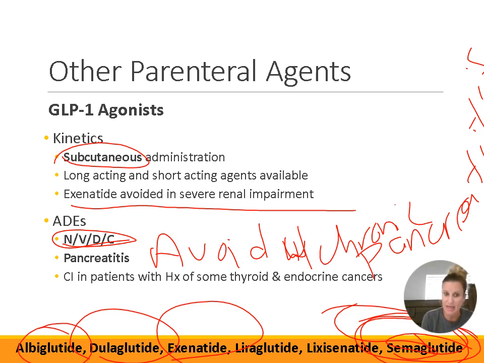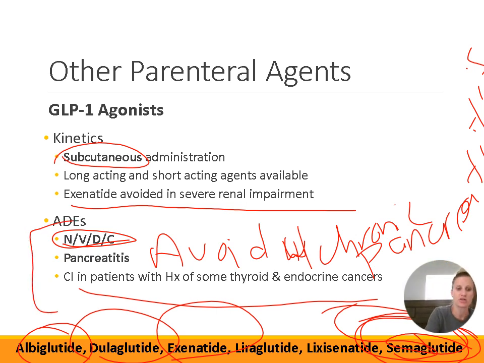Finally, these are contraindicated in patients with a history of some thyroid and endocrine cancers. We see C-cell tumors possible in rats. It's unknown if there's any association in humans at all. We haven't seen this in humans yet, but because we did see it in animal studies, there are warnings, so we just avoid it in patients who have a history of thyroid and endocrine cancers.